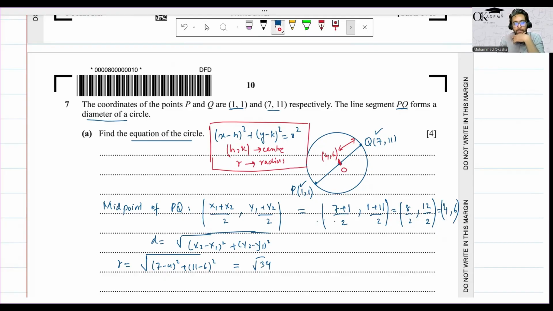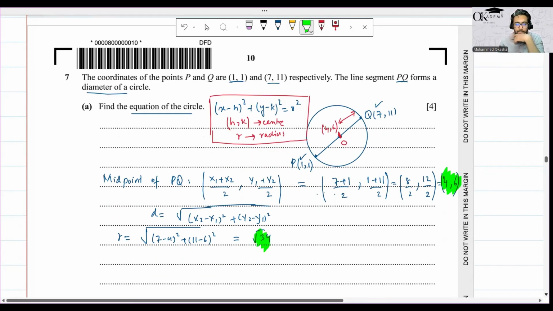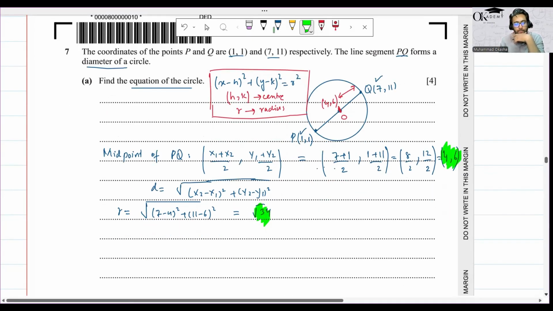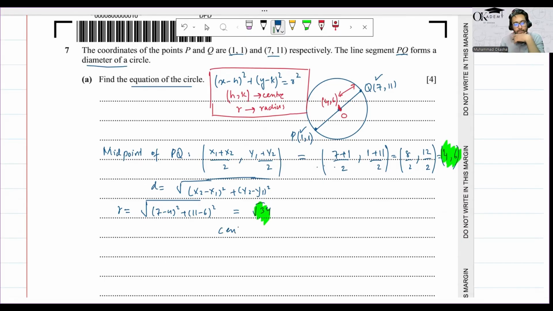I think I have everything I need. I have the center and I have the radius, right? So let's work out the equation of the circle. We know that the center is (4, 6) and radius equals square root 34. So I'll use the standard form of the equation of the circle, which is (x minus h) whole squared plus (y minus k) whole squared equals r squared.